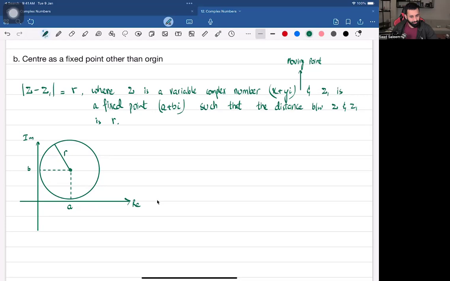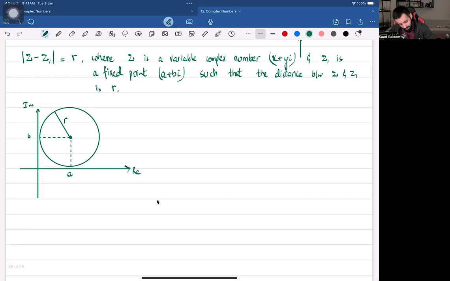Now what does this mean? This means that whenever you have |z - z1| = r, where z1 = a + bi, this is a circle with center z1, which means a + bi, a fixed point, and radius r.